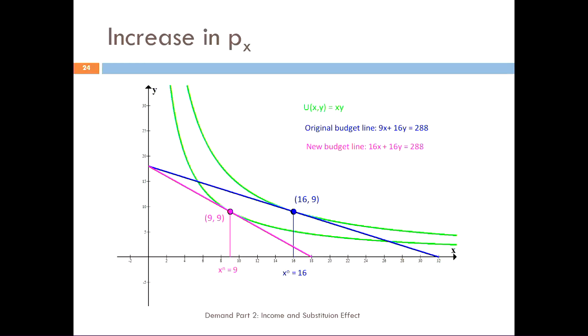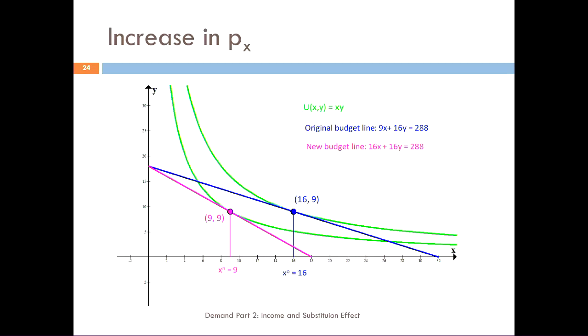Okay, so here's our example again. On the original budget line, the price of x was 9, the price of y is 16, and you have $288. We found last week that the most preferred affordable bundle was 16 units of x and 9 units of y. Then we increased the price of x to 16, kept the price of y the same at 16, with a nominal income still of 288.